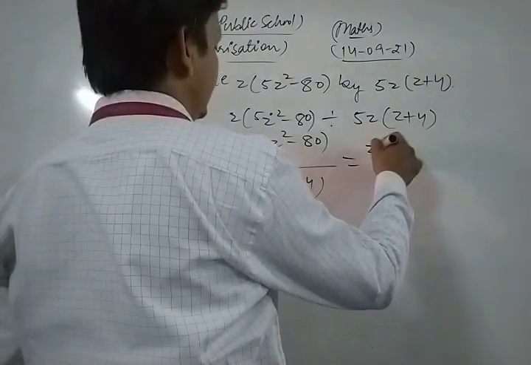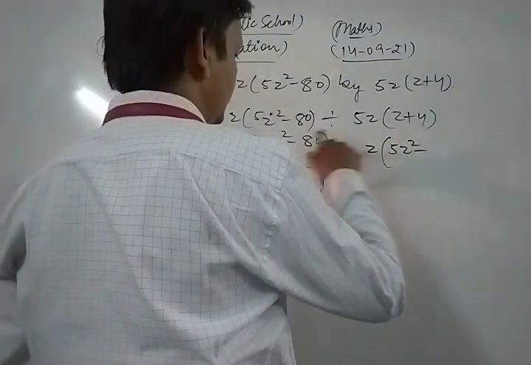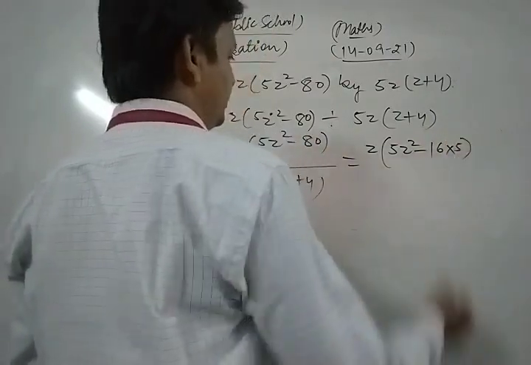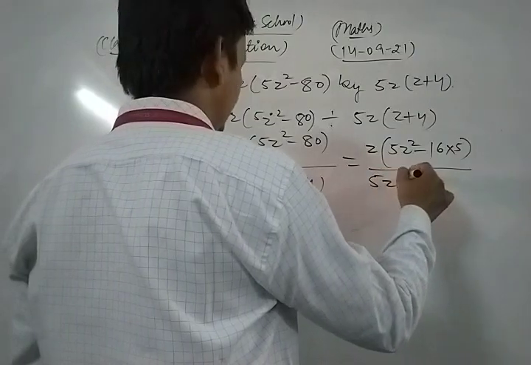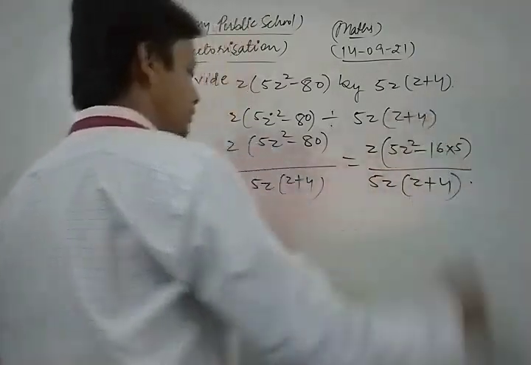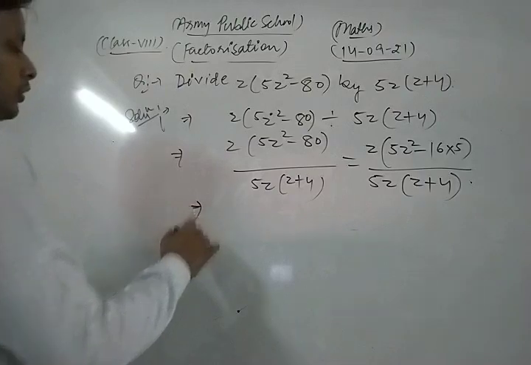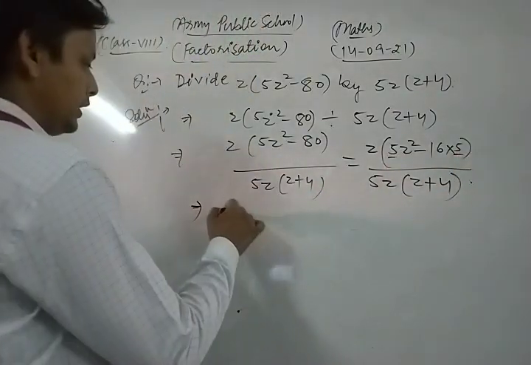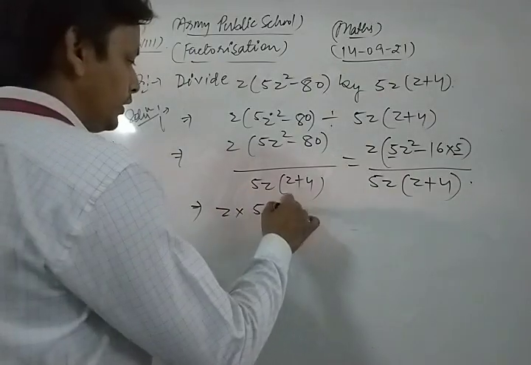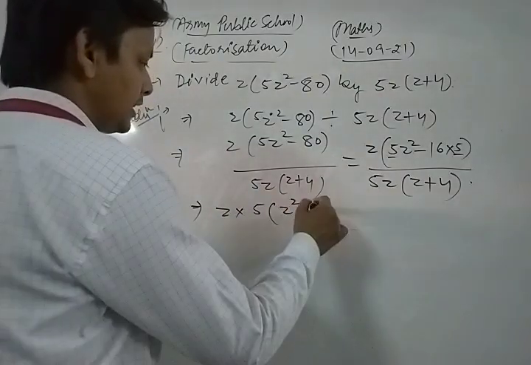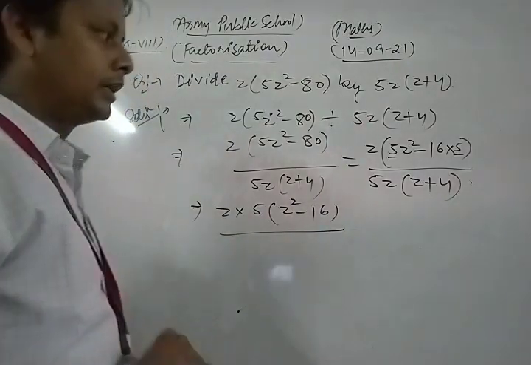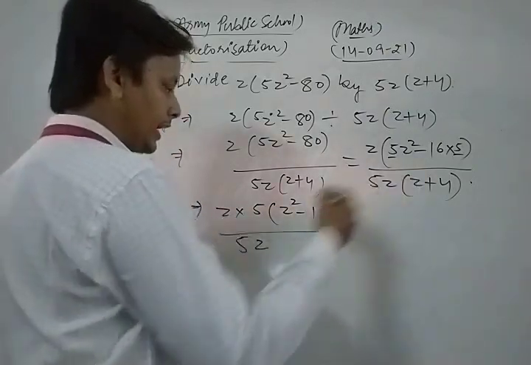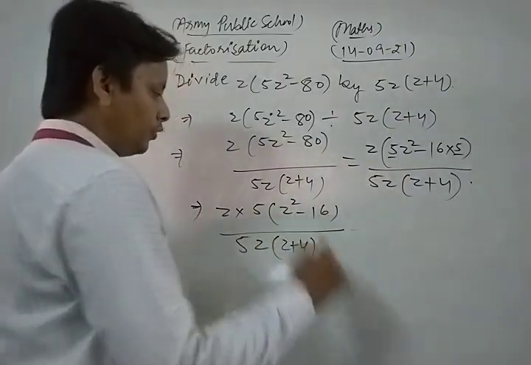So we can write 80 as 16 into 5, and here 5z in another bracket, z plus 4. Now from the numerator we take 5 as common factor, so z into 5(z square minus 16), divided by 5z(z plus 4).